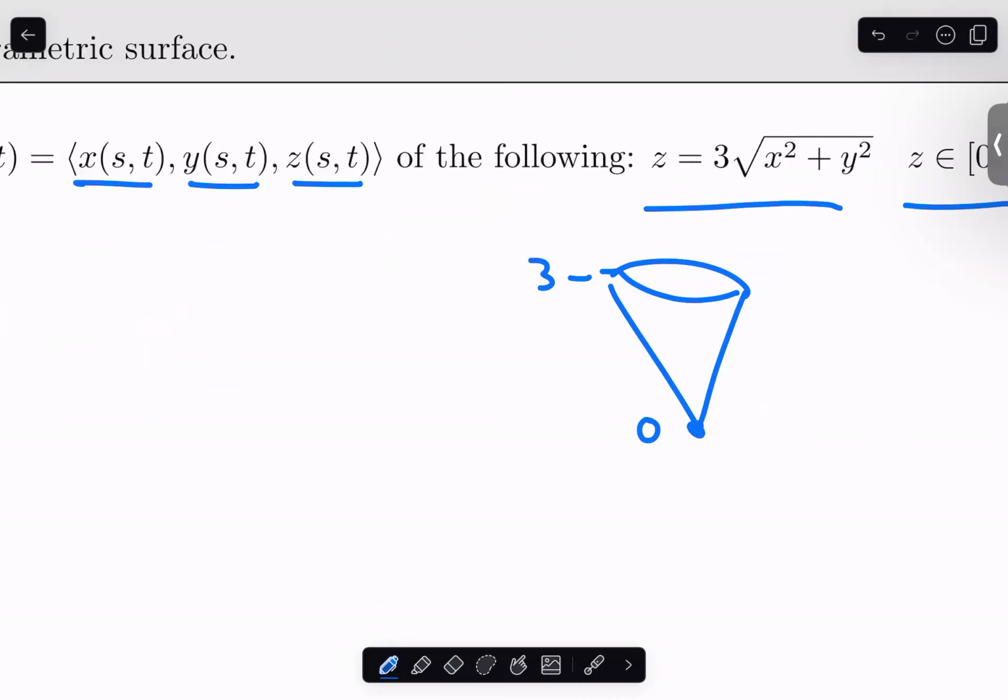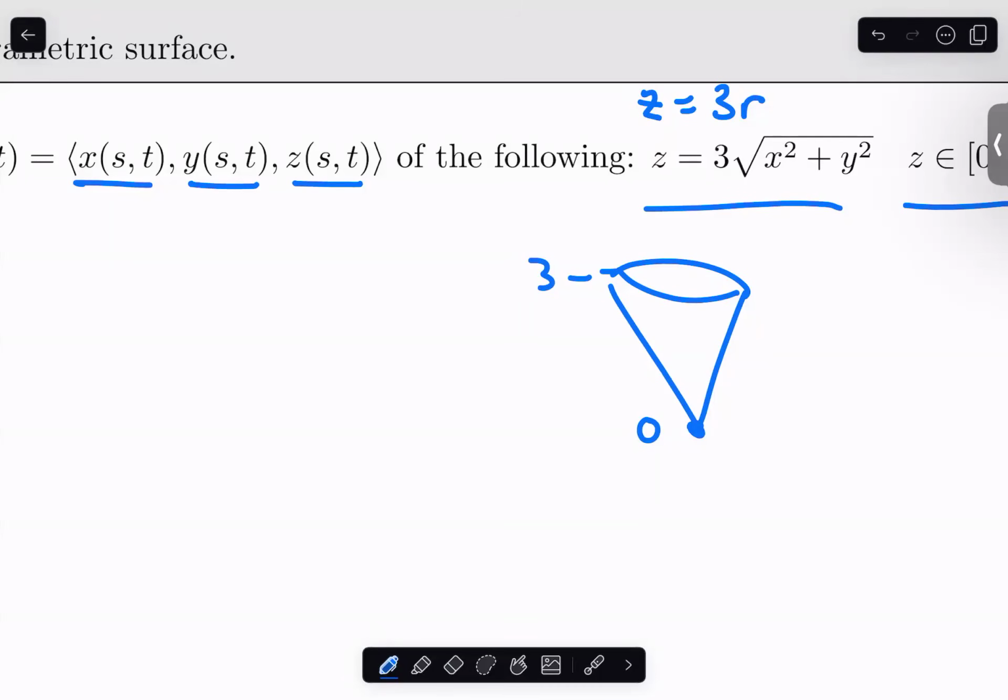And so in this case, our cone equation is z equals, and I'm thinking about cylindrical quite a lot here, this is equal to 3r, right? If I go ahead and replace everywhere I see an x and a y with r cosine theta and r sine theta, then this simplifies very nicely down to r squared. Then you would take the square root and you just get r.